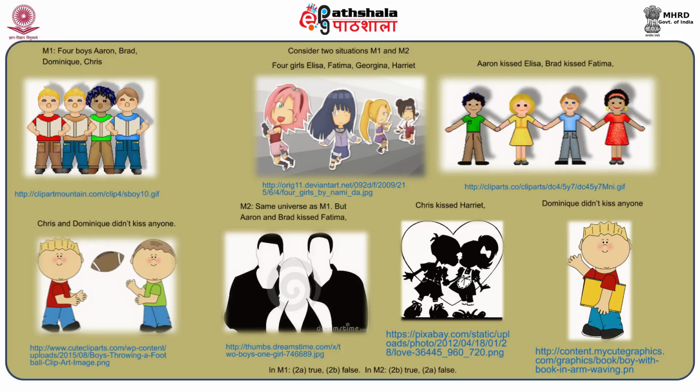In M2, we have the same boys and the same girls, but Aaron and Brad kissed Fatima, Chris kissed Harriet, Dominique didn't kiss anyone. In M2, 2B is true, since there is one girl, namely Fatima, who was kissed by exactly half the boys. But there are three boys who are girl kissers, hence more than half the boys, making 2A false.